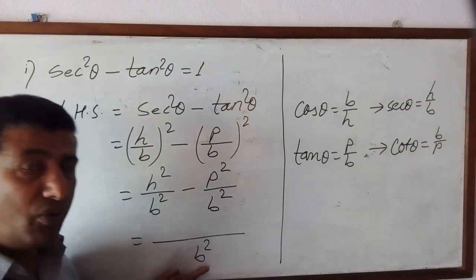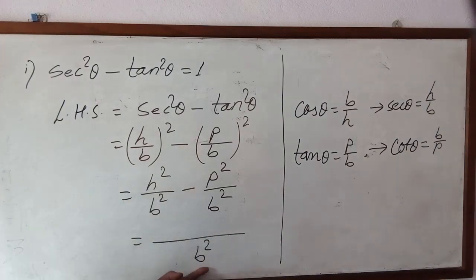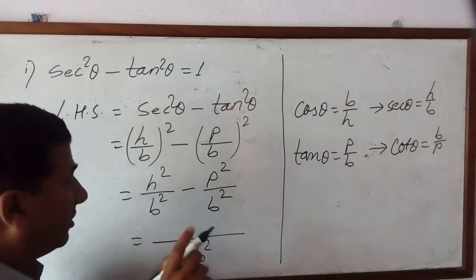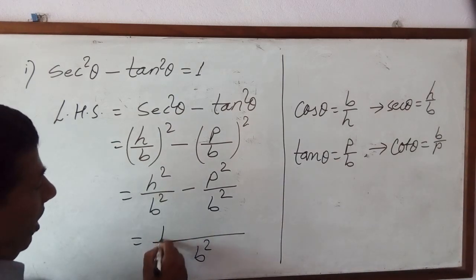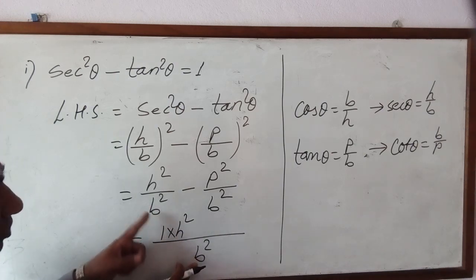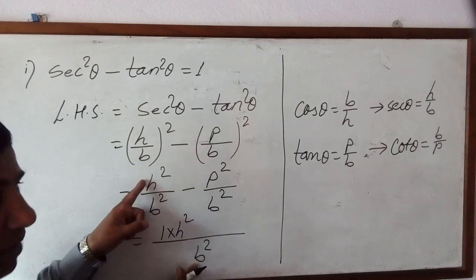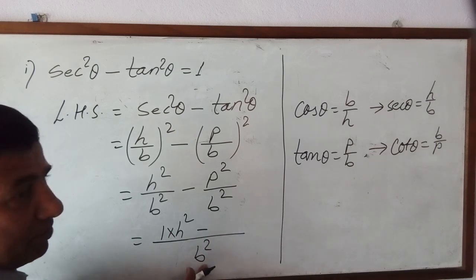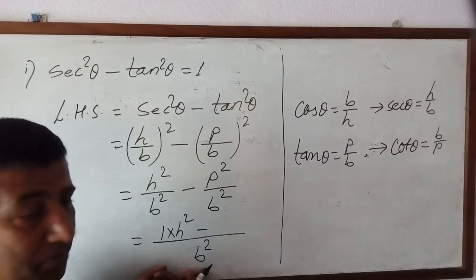Now I am explaining the rule of how to simplify. We took the LCM, b square. Divide this LCM by the denominator b square: it goes 1 time. That 1 is called the quotient, and we multiply the numerator h square by it, giving 1 times h square. Again there is a minus sign, and for b square again we divide the LCM by the denominator, b square, which goes 1 time.